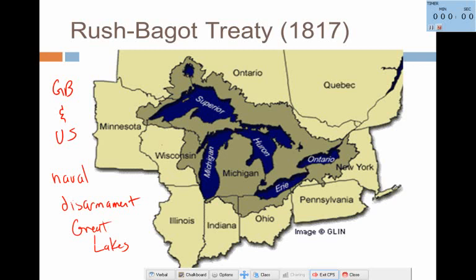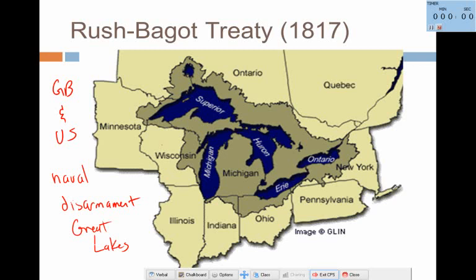Because the hope was, what were we trying to create between the U.S. and Great Britain? Peace, an alliance of sorts. Because if we continue to have our navies in the Great Lakes, what was eventually going to happen again? Another war. So we said, let's remove our navies from the Great Lakes and let's just share this territory between us.